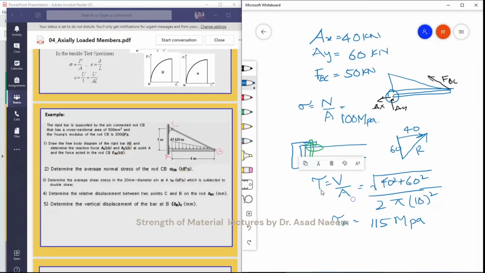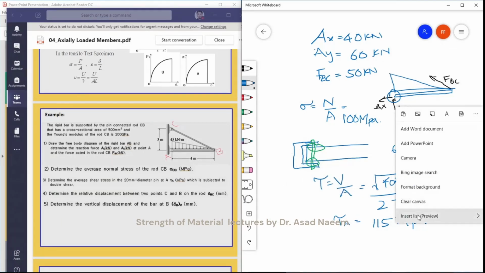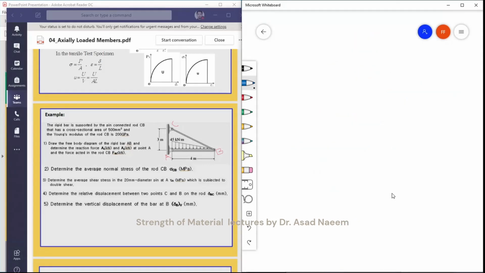After this, the third part is determine the relative distance between the two points C and B on the rod. We have to calculate the delta which is caused by this force, and how much it is extended. In this we can use delta BC, the formula that we developed earlier in the course, which is PL over AE.